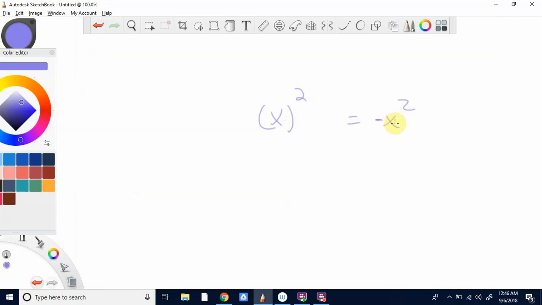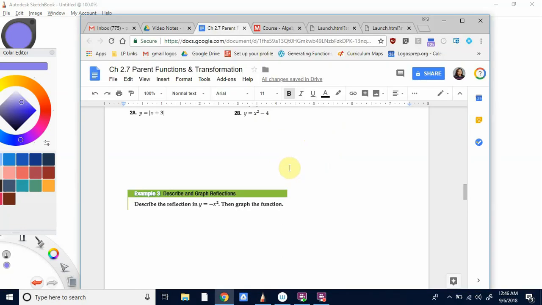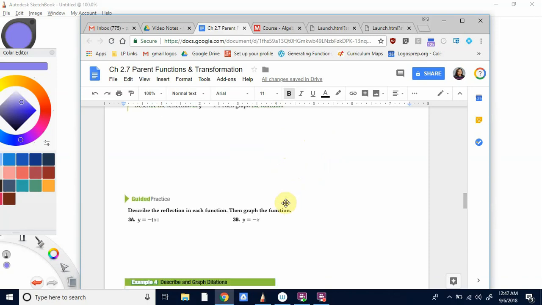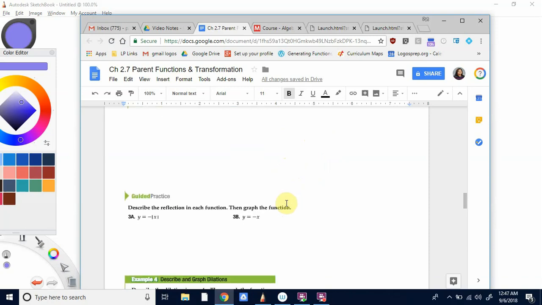Remember, this negative doesn't get squared, so technically it can be written like this. Since the negative is outside of the parent function, it's a vertical reflection, which means it reflects over the x-axis, not the y-axis, excuse me. All right, so pause it and do guided practice 3A and 3B.